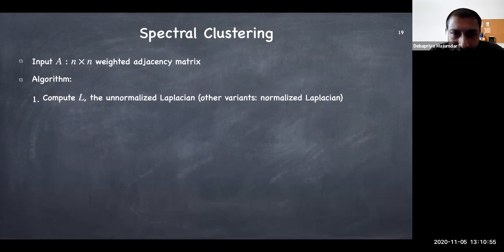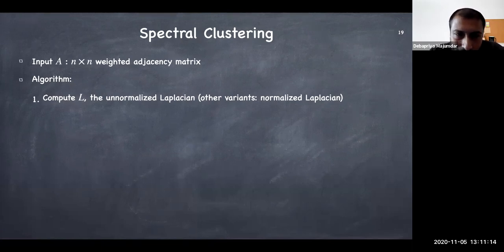So basically you normalize the Laplacian in some way. The same structure of the algorithm, or the skeleton, will follow, where some other people have made improvements using slightly different variants here and there. So the basic structure is like this.